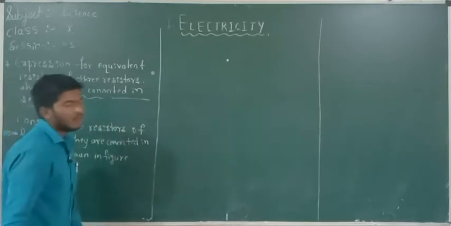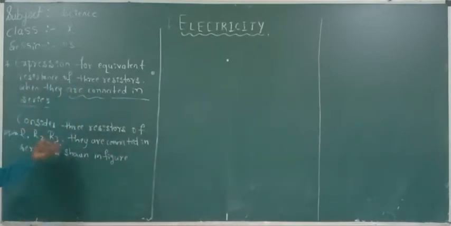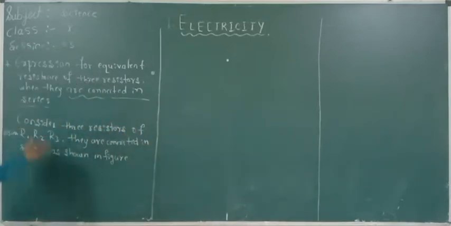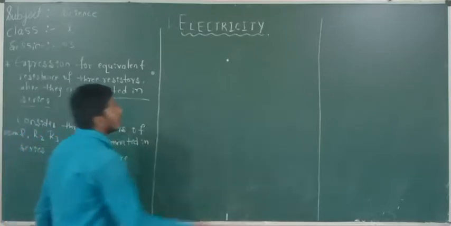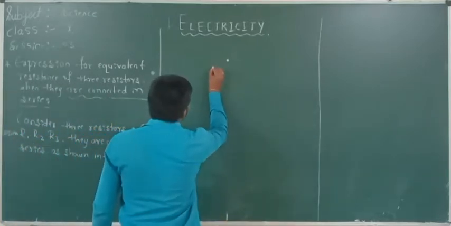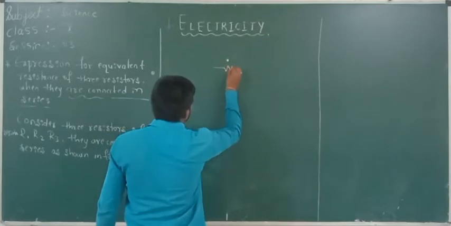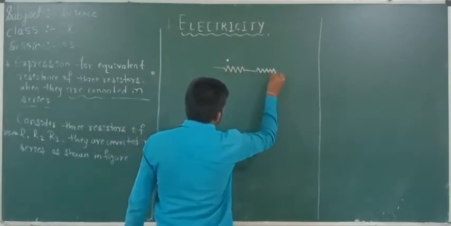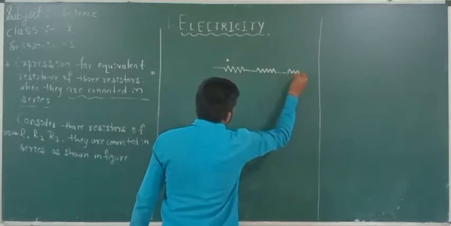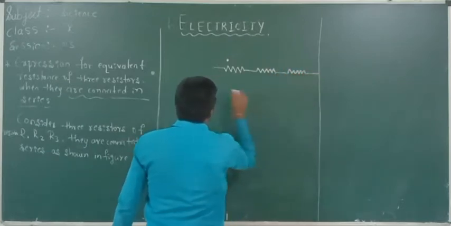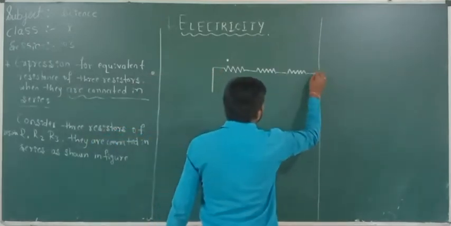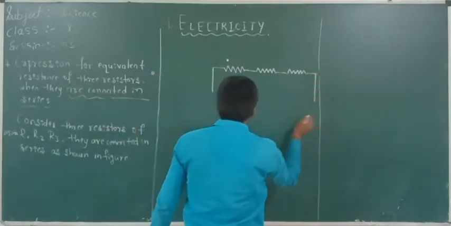When we derive this expression, simultaneously we have to draw the circuit diagram, because it is very easy to write the procedure for how we derive the expression. Consider the three resistors R1, R2, R3 connected in series. What is a series connection here?